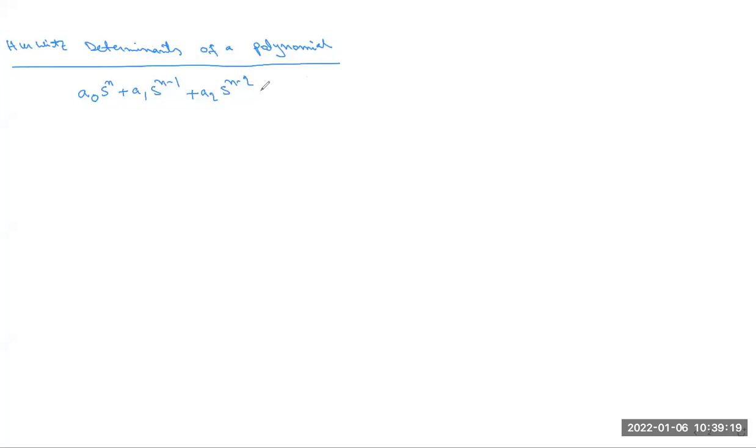These are the polynomial form, dot dot dot, the last term an, equal to 0. So this is basically a characteristic equation, with n terms. For the roots of an nth order polynomial there are n roots, because the highest power is s to the power n, and you can put n equals 1, 2, 3, any higher order system.